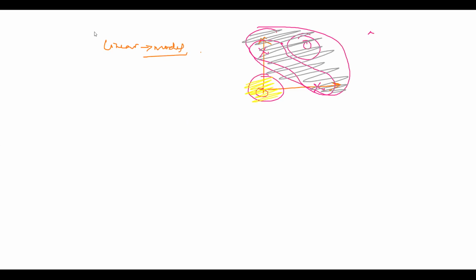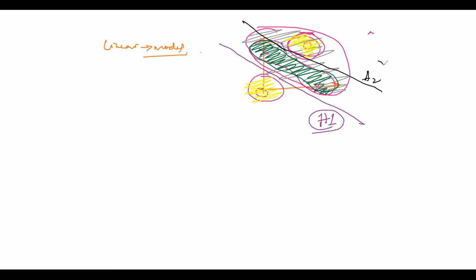Then I can easily find one hyperplane, something like this. This is H1. Again, I will say that this is one class and this is my other class. Then I can find one more hyperplane which divides these two, and let's say this is H2.